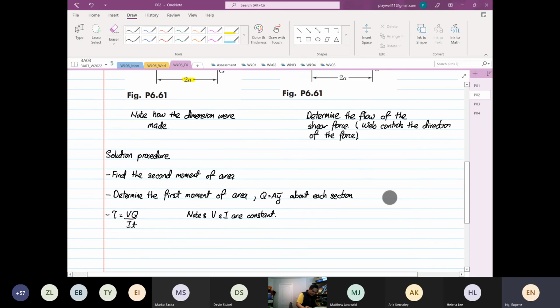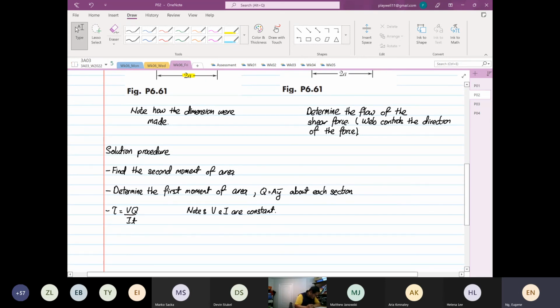And then after that, we are going to determine F, which is going to be equal to the integral of the shear stress multiplied by the increment of the area.